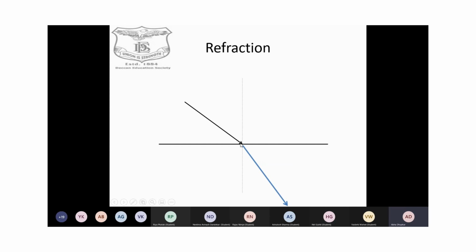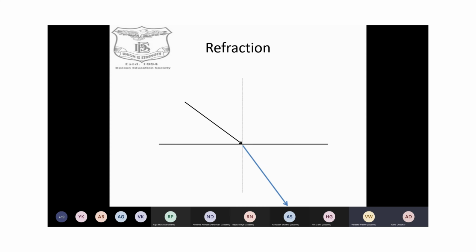The black arrow region is denser than this. The second medium is rarer, which means that the molecules are spaced far apart. What will happen to that? The blue arrow will go away from the normal.